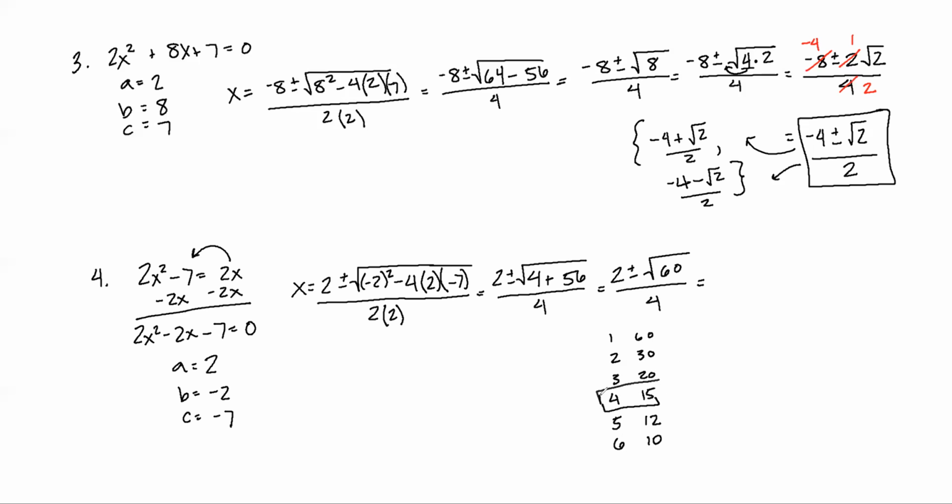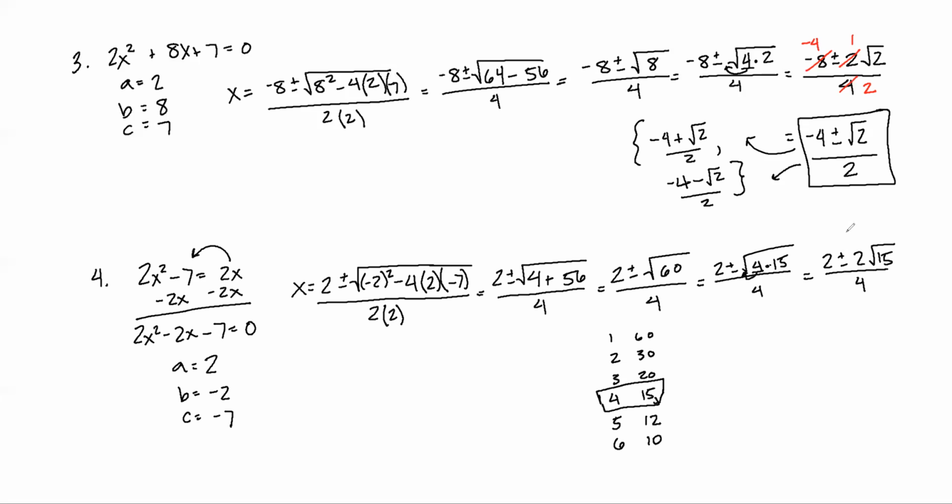So 4 and 15 are the only perfect squares here. So we're going to break that 60 into 4 times 15 all over 4. Now take out the square root of 4, make sure it goes right in front of the radical. So 2 plus or minus 2 square root of 15 all over 4.